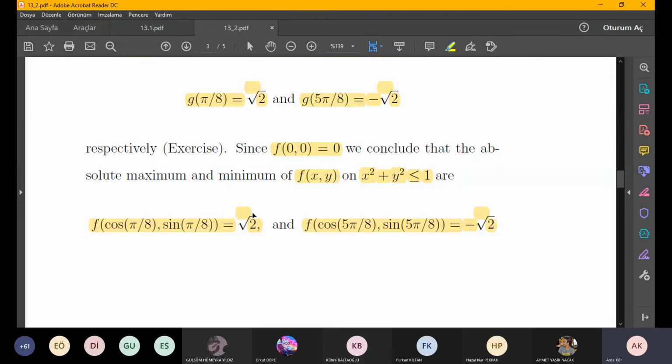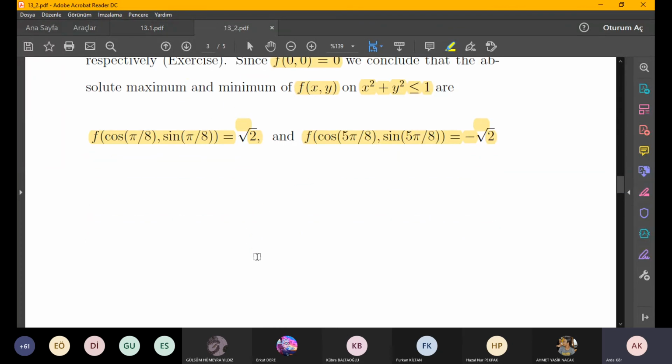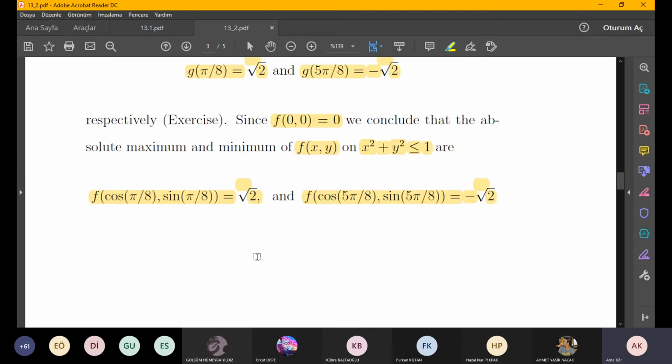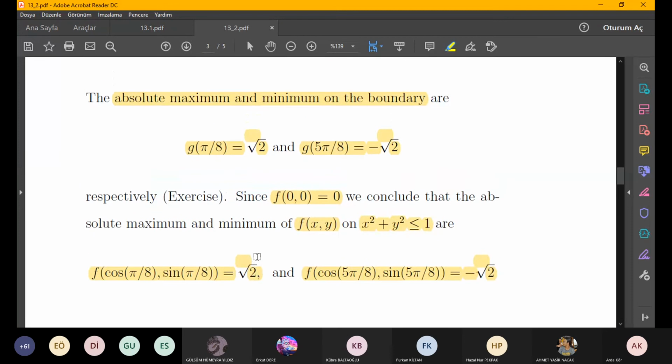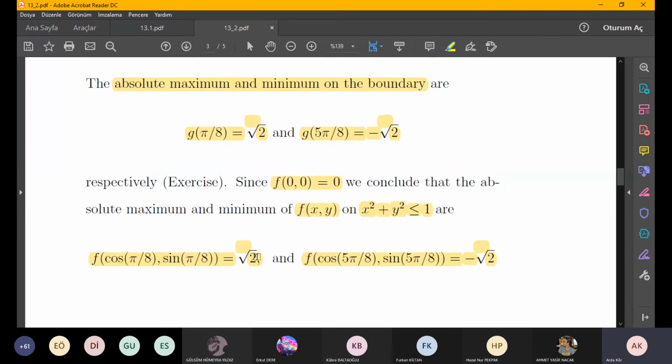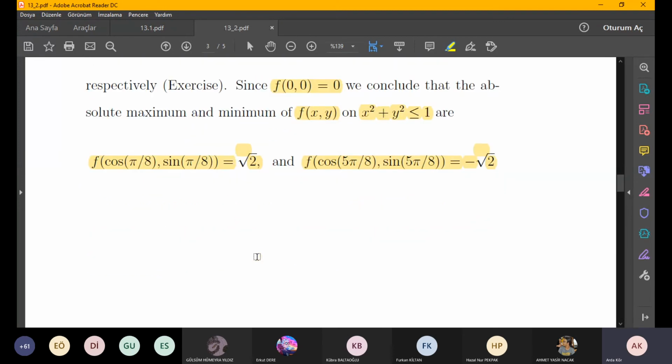So square root of 2 is the absolute maximum value, and minus square root of 2 is the smallest value here, the absolute minimum value of f.